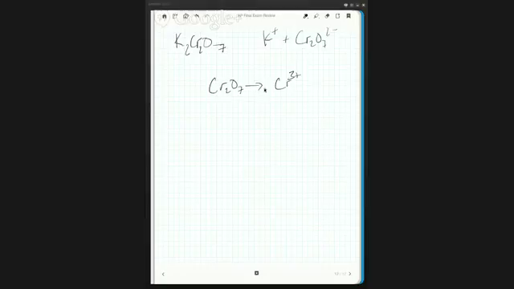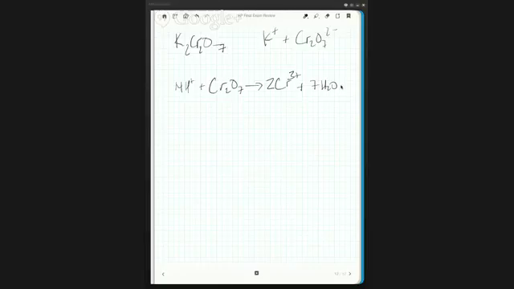And so you have to balance by half reaction method. And so you balance the elements that are not H or O first. So that means you have 2 here. So you get 2 chromiums, 2 chromiums. Then you balance the oxygens. So we have to add 7 H2Os over here. That means we add 14 H pluses right here. And then we have to balance the charge, and we have 6 plus here, and we have 14 plus here.